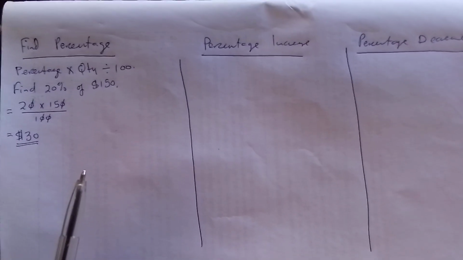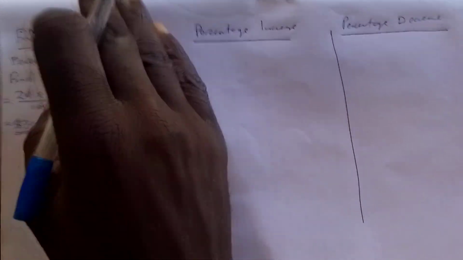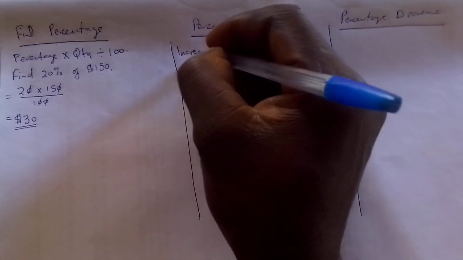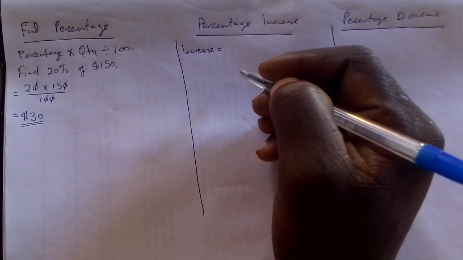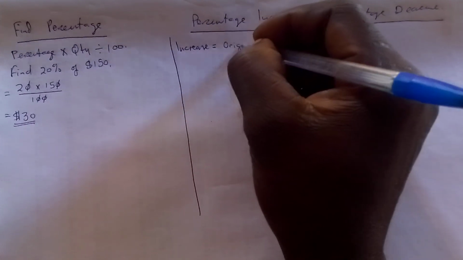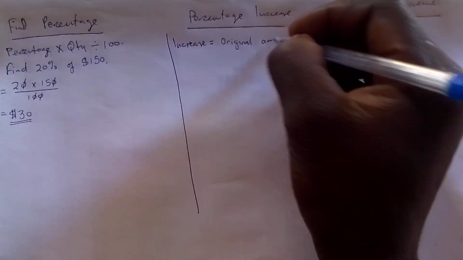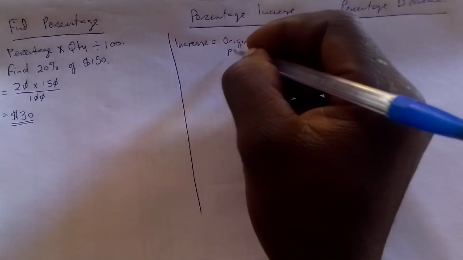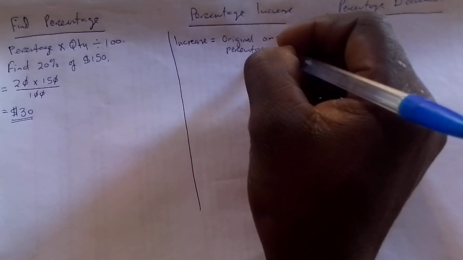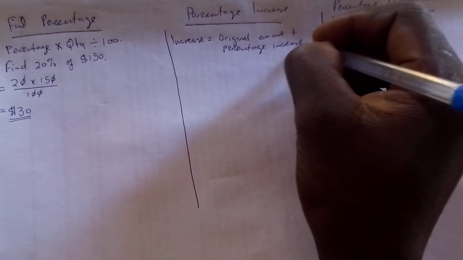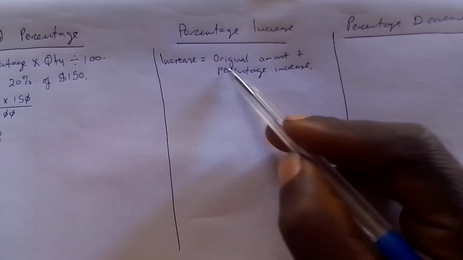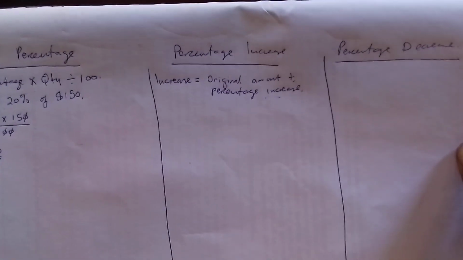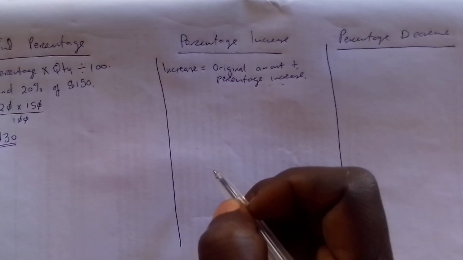Let's go to percentage increase. So when we are looking at percentage increase, we also use a formula: increase is equal to the original amount plus the percentage increase. Okay? So the original amount plus the percentage increase. This is how we find percentage increase.